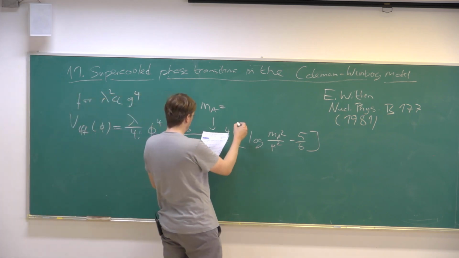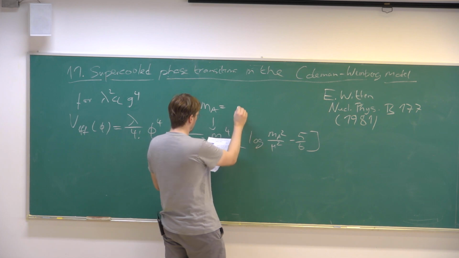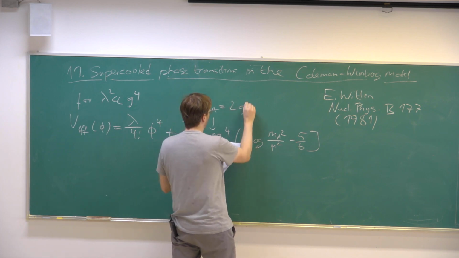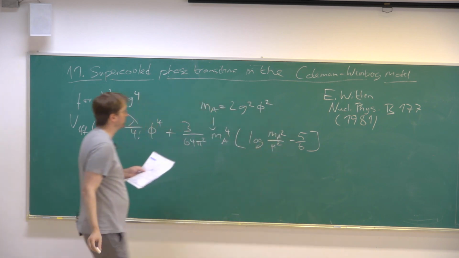So phi gives a mass to this gauge field, breaking the gauge symmetry, and the mass is given by 2g squared times phi squared.